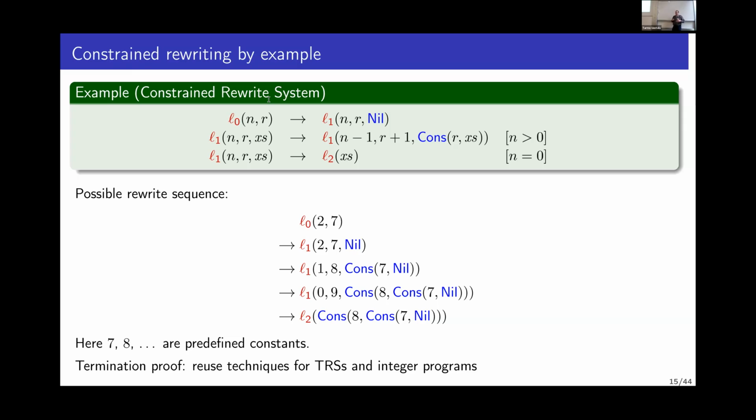If there wasn't this constraint, n could become minus 1 million, minus 2 million, and so on. But here we say n must be greater than 0. So we have the decrease against the bound, and that can only happen finitely often. So here we can reuse a technique designed for integer programs, also to reason about programs that additionally have algebraic data structures.